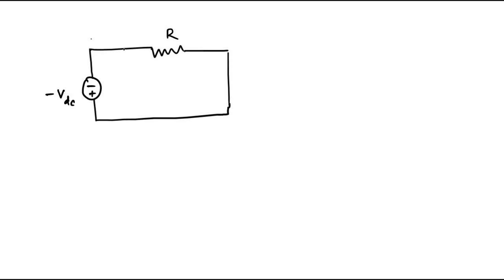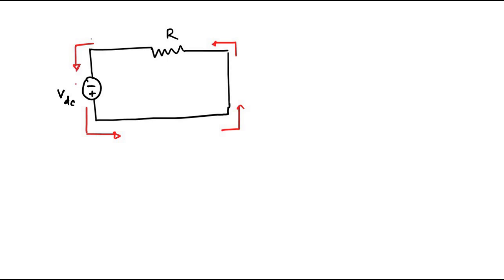You don't have to write minus VDC; the polarity already indicates that the direction of the current will be reversed. It will start from this positive terminal, flow in this direction, and terminate like this.